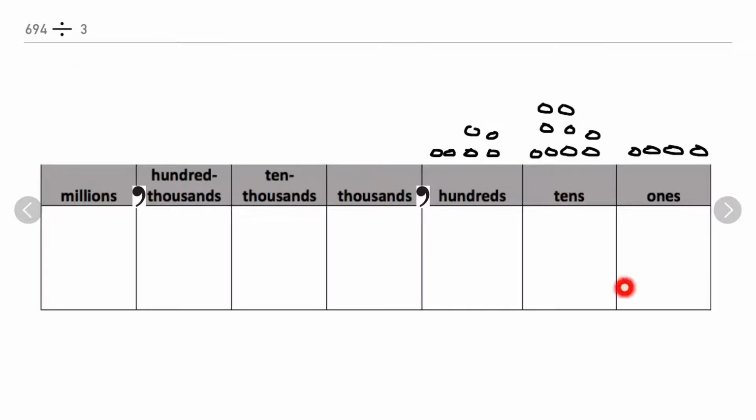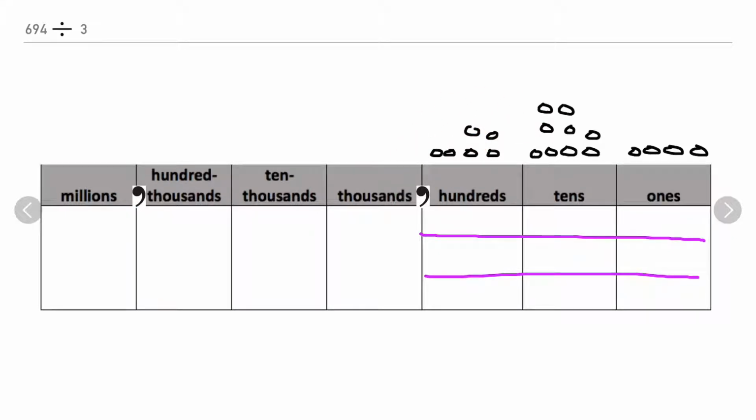So how many parts would I be breaking apart or decomposing my place value chart into? Yeah, easy peasy. I'm decomposing it into 3 parts. And the reason why I'm only starting at my hundreds is because my dividend only goes up to the hundreds.